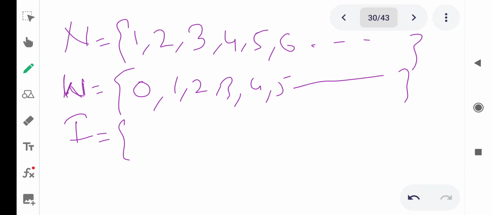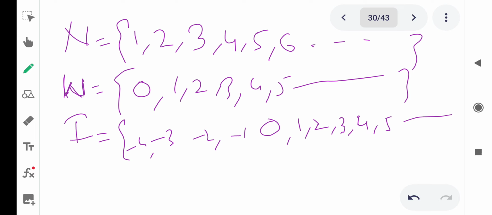Integers contain all positive numbers 1, 2, 3, 4, 5, and so on, and the negative numbers, that is minus 1, minus 2, minus 3, minus 4, and so on. Okay. 0 is neither positive nor negative. All of 1, 2, 3, 4, 5, 6, 7, 8 are the positive numbers and these are the negative numbers.